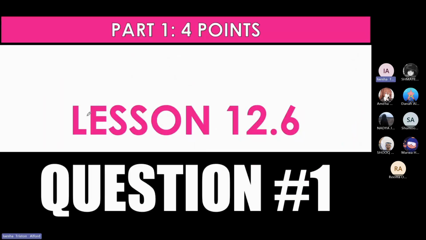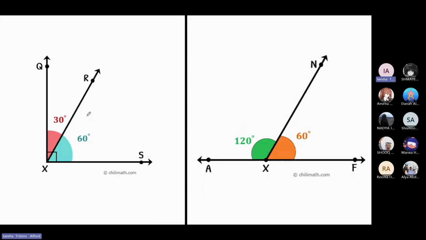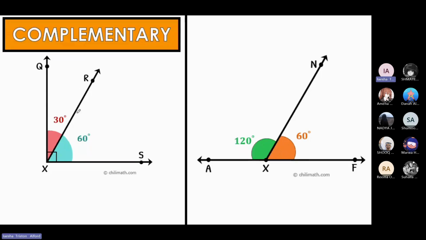Okay, so the first question is from lesson 12.6. That was about angles. This one on the left, it has a name. Anybody? Right angle. This one is a right angle, so complementary. What do you know about complementary? What kind of angle is that?